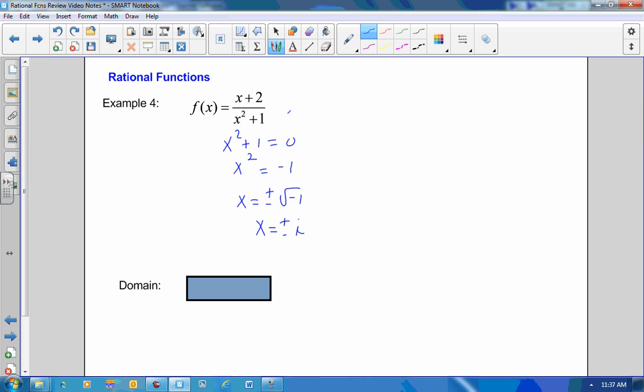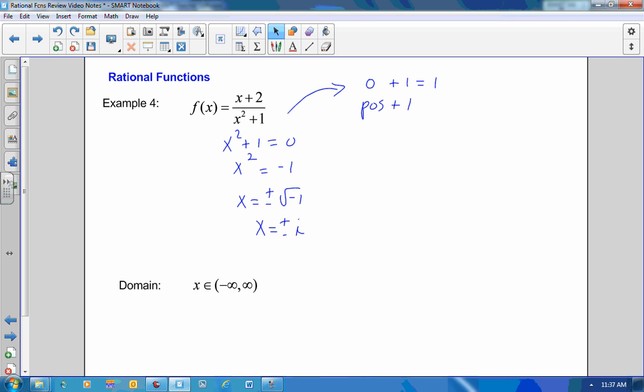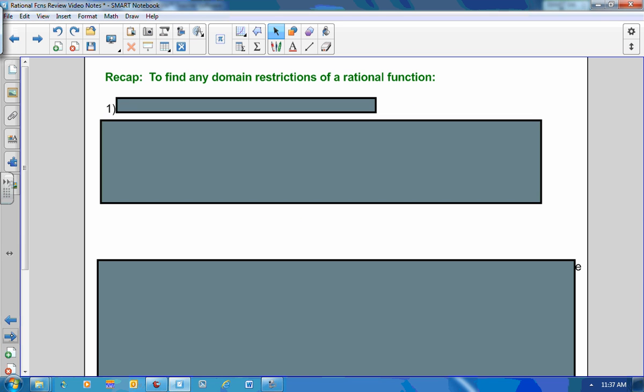And that makes sense if you think about it logically. If I square a number, the smallest it can be is 0, and if I add 1 to that 0, I'm going to get 1 in the denominator. Otherwise, it's a positive number, and when I add 1 to that, I'm never going to get 0. So this function has no domain restrictions, and the domain is x is an element of -infinity to +infinity.